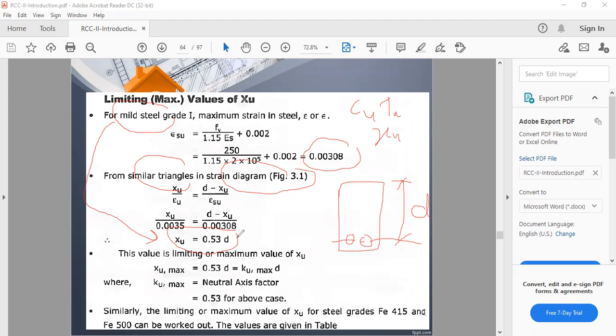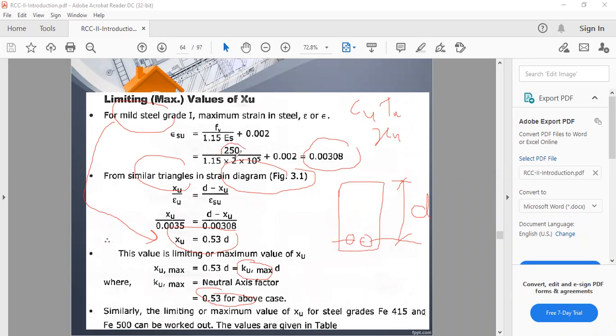The limiting or maximum value of Xu, we can say Xu max equals 0.53 times d, or it is called k u max. That is the neutral axis factor, 0.53. And this was calculated for the mild steel.